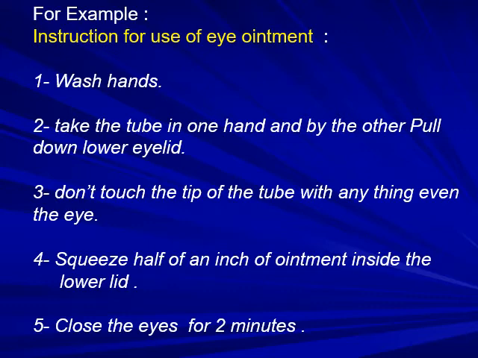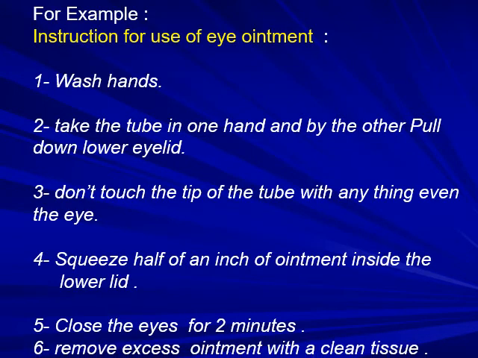Don't touch the tip of the tube with anything, even the eye. Squeeze half of an inch of ointment inside the lower lid. Close the eyes for 2 minutes. Remove excess ointment with a clean tissue.